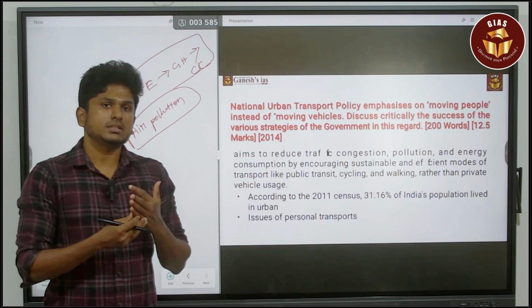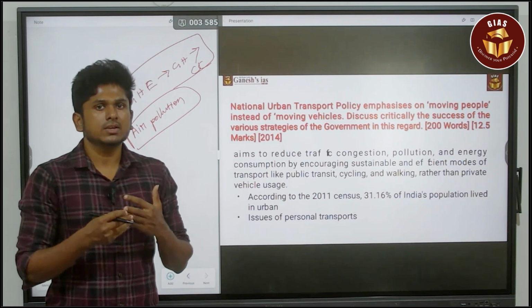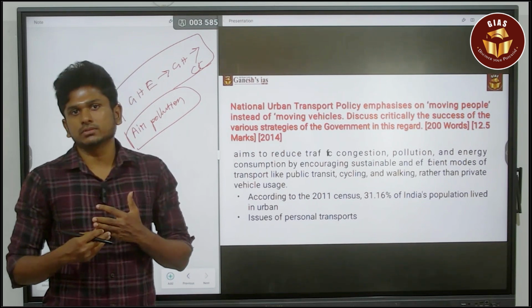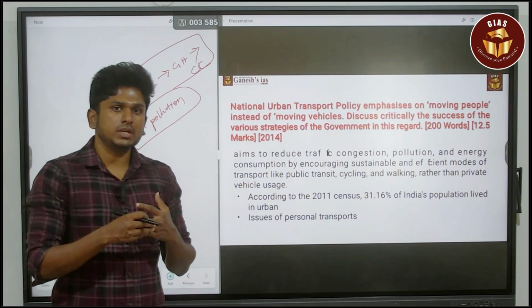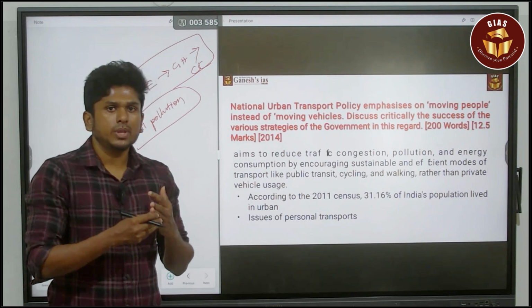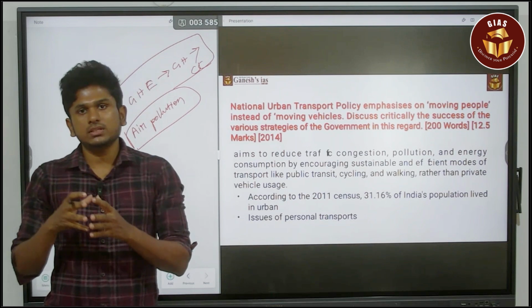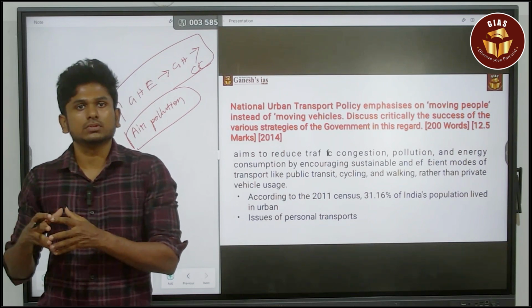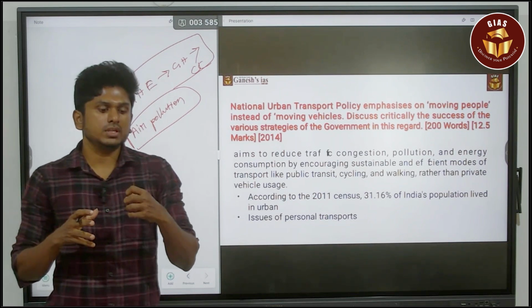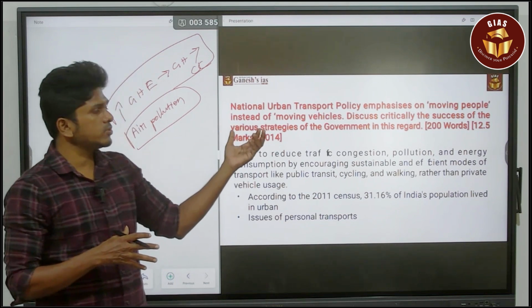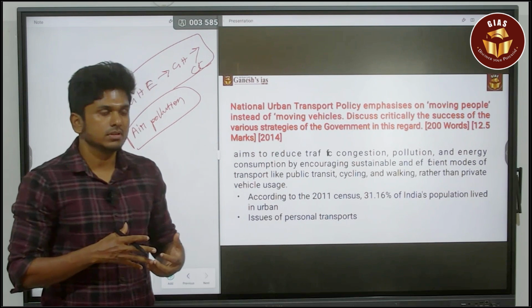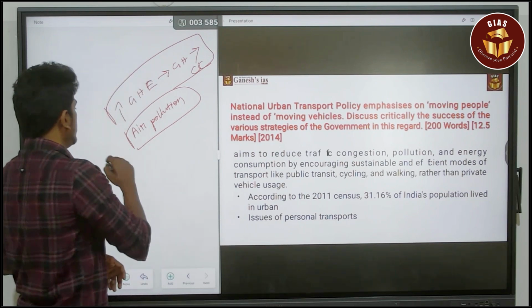All these things are available, still there is huge usage of private vehicles. Even though there is a possibility of public transport, people are still using their own vehicles. It is for this that the National Urban Transport Policy is emphasizing. So you have to give the aim.